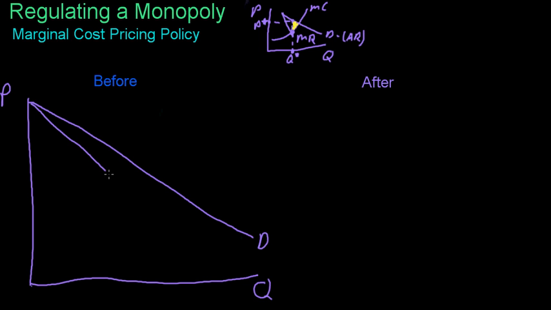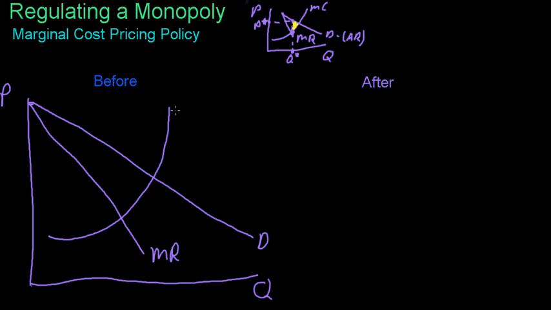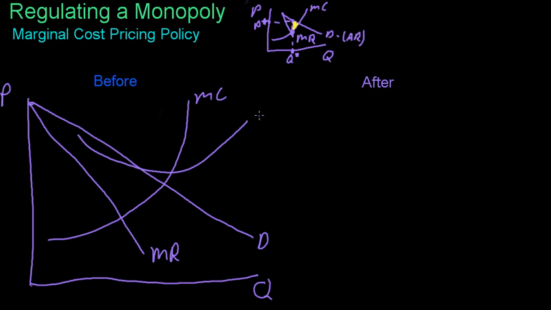We're going to have marginal revenue right there, then marginal cost, and then we are going to put average total cost in right here. And we'll see why I do that in a second.